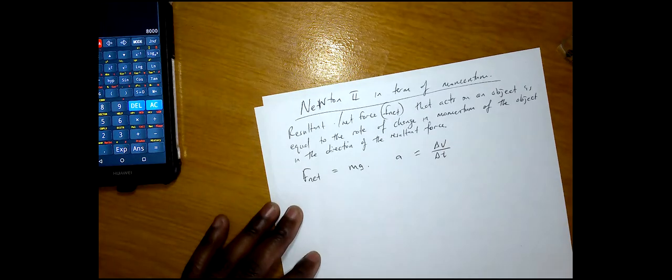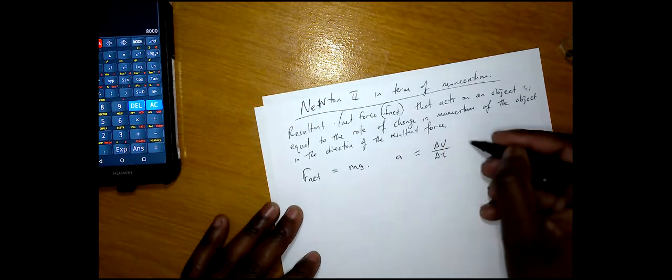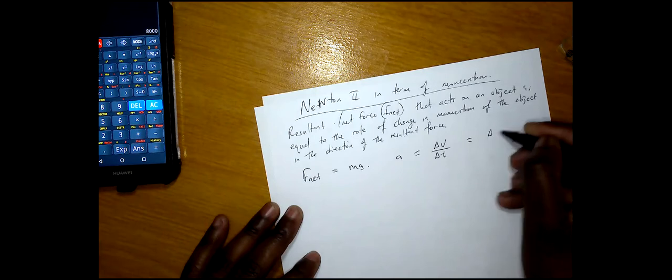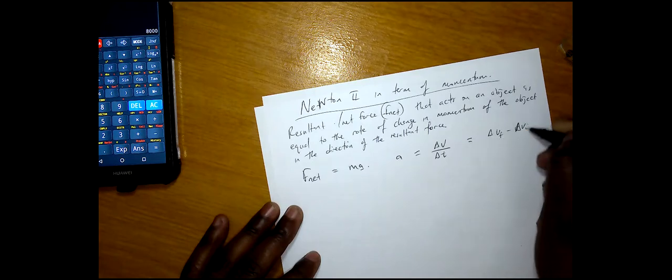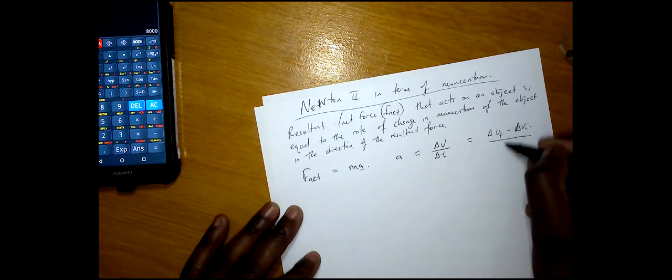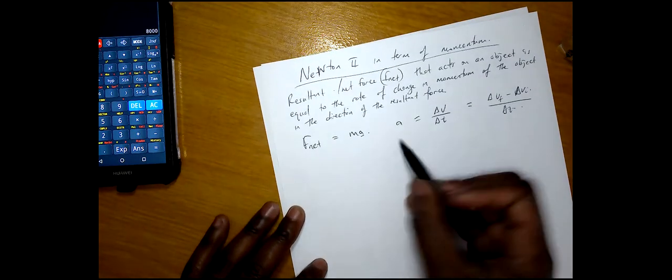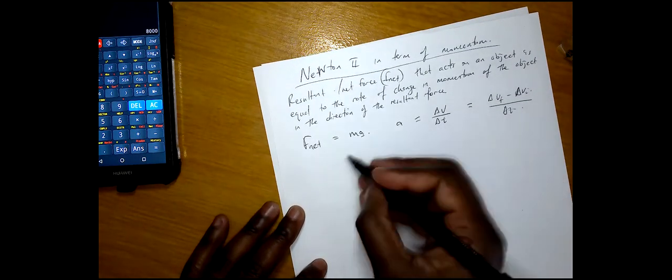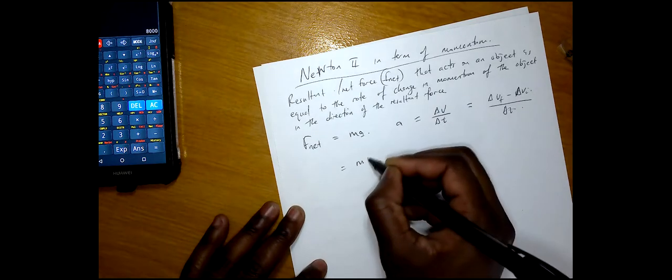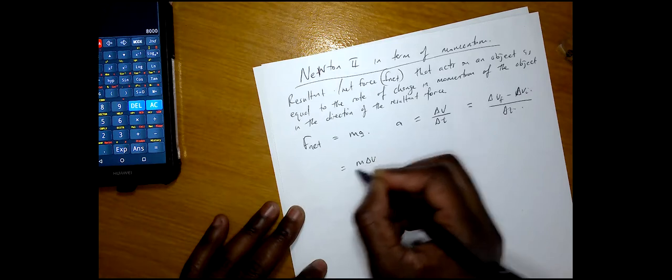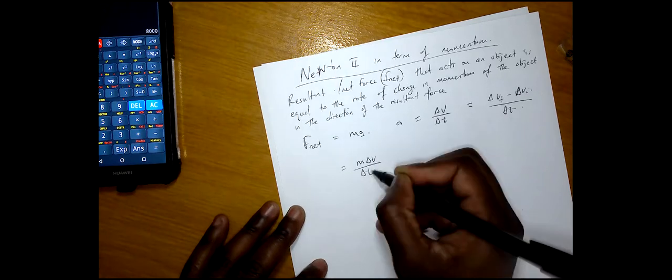And change in velocity is V final minus V initial, over change in time. But now let's take this back and see what we have. It means that we have m change in v over change in time.